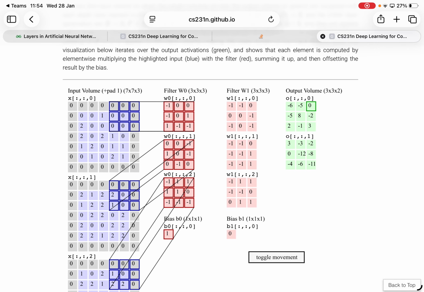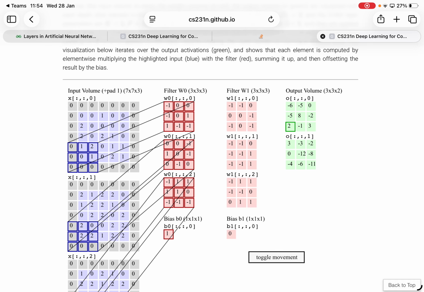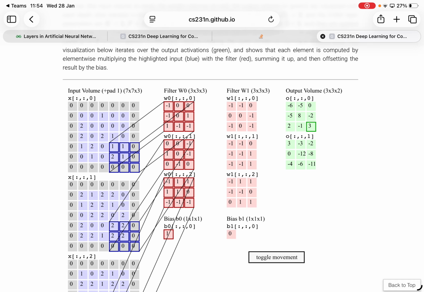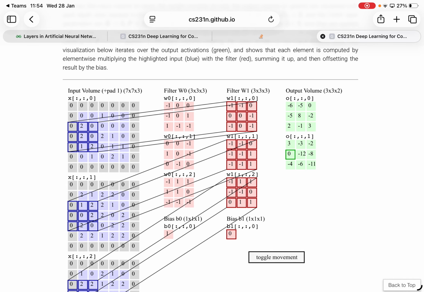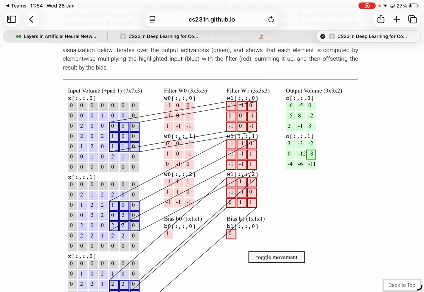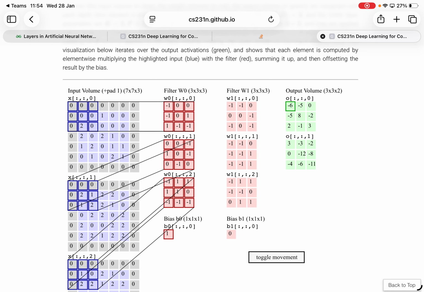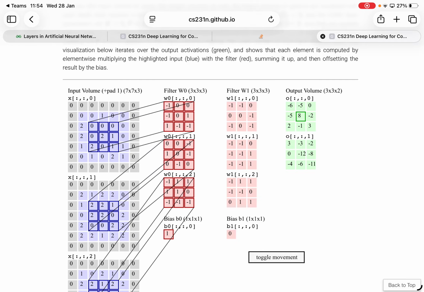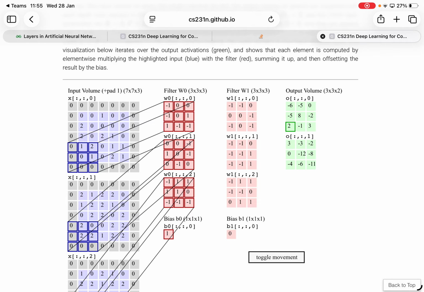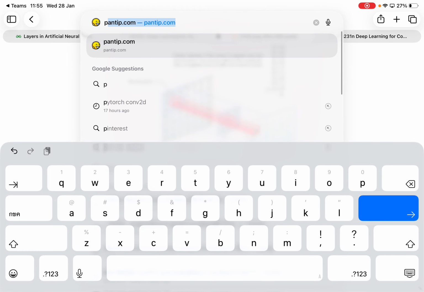Oh, it's not changing the number. But anyway, you actually will have 2 sets of output. So in this case, you should have 6 output channels, but here it's only showing you 2. If you're not sure about what I'm saying, you can go over PyTorch.